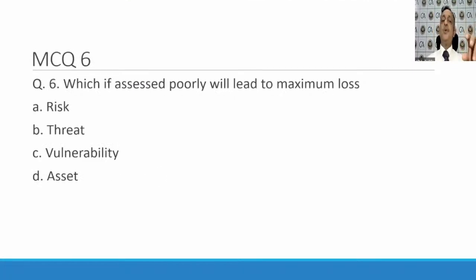Which if assessed poorly will lead to maximum loss? Risk, threat, vulnerability. I've removed impacted, added assets. Now you answer this question. It's a phenomenal question to learn. If you are able to answer this question correctly, believe me, the whole concept of risk assessment is known to you. That is my conclusion. Which if assessed poorly will lead to maximum loss? So by the time you answer, let me just scroll through the answers you have given to previous one.